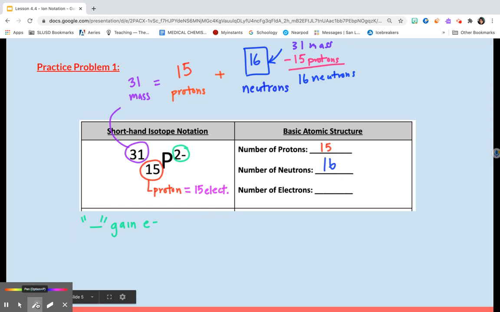So you would have to then do 15 electrons, right, from this number here, plus 2 more electrons, which will give you a total of 17 electrons when P, or phosphorus, is an isotope.